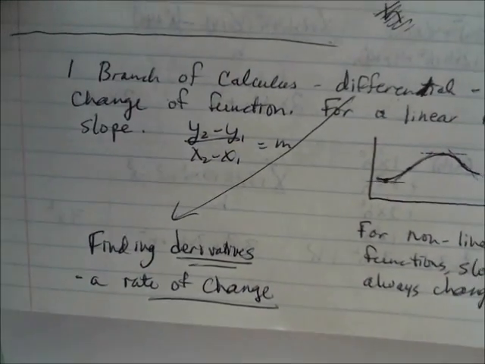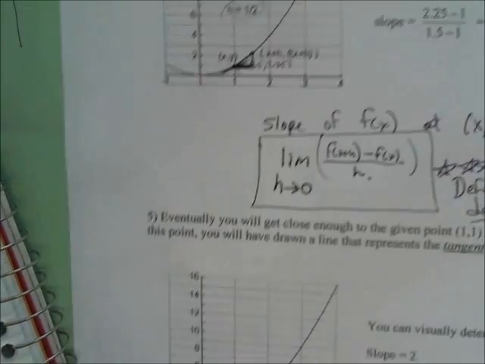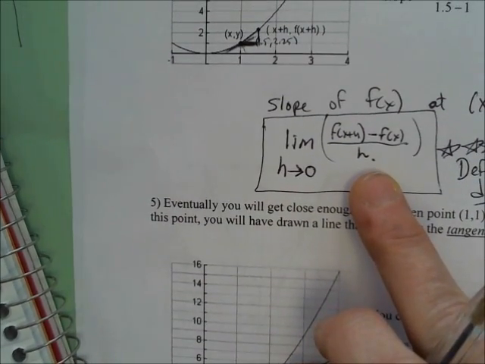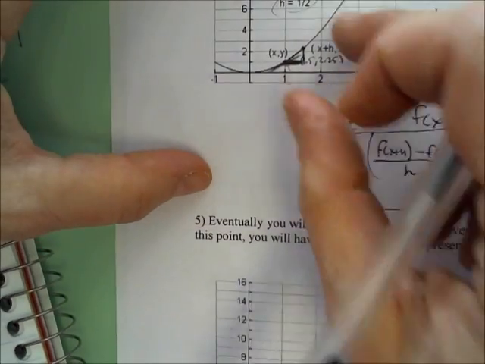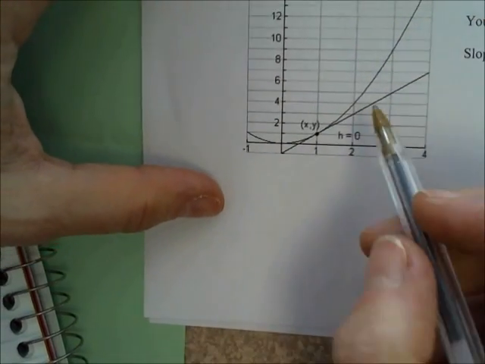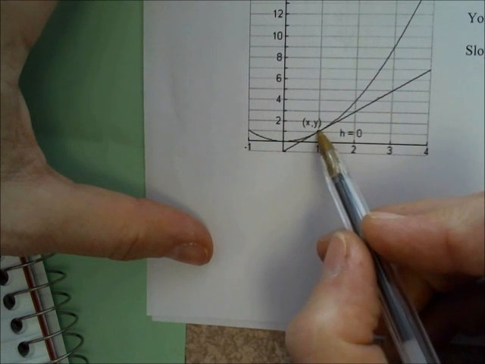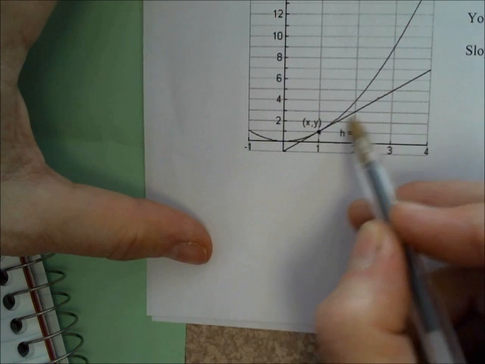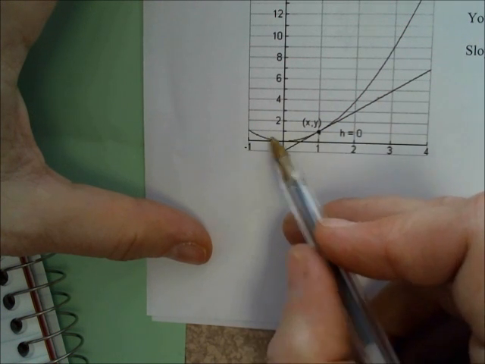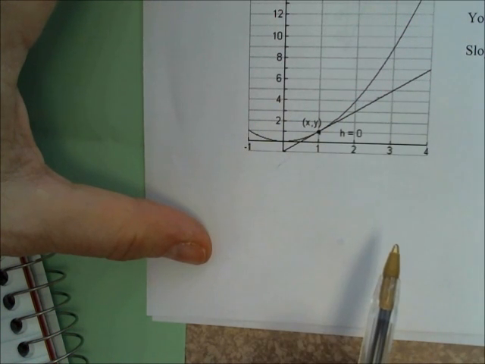So that's why this whole f of x plus h minus f of x all over h is so important, because what we're doing is using the limit process. So h actually shrinks down to nothing, and we're trying to find the exact slope of this function at h equal to 0.